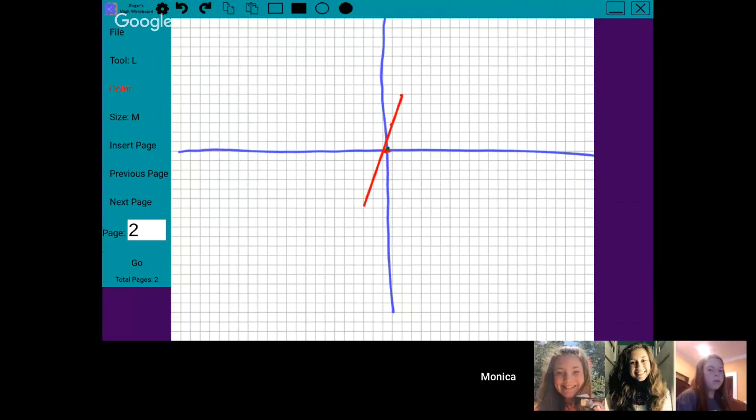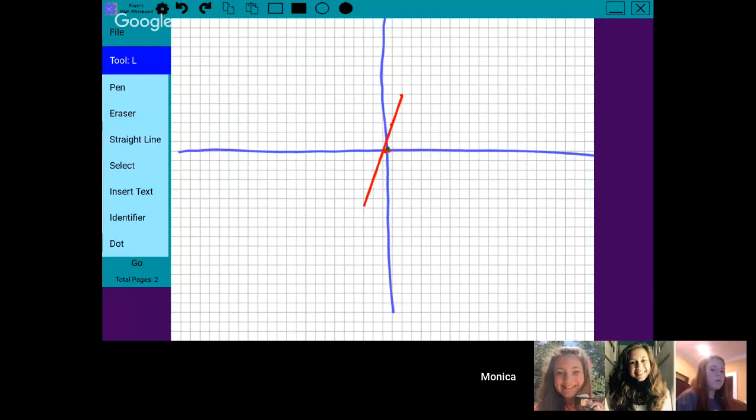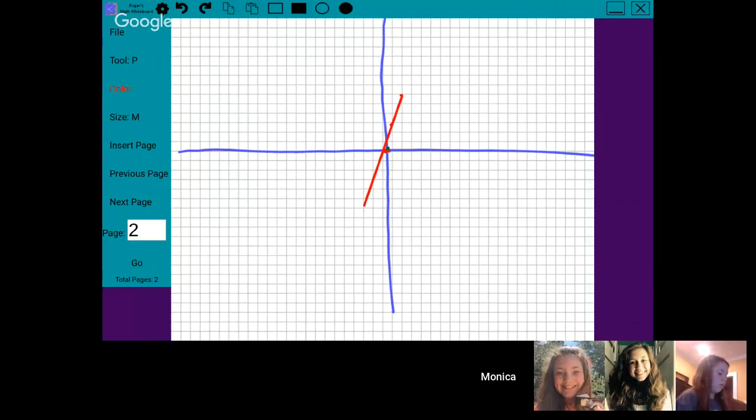Now, if I'm going to do a slope of 3 over 2, I'm going to go up 3 and over 2. Or I guess it would be more like here, okay? And then from there, up 3 and over 2. And then from there, up 3 and over 2.